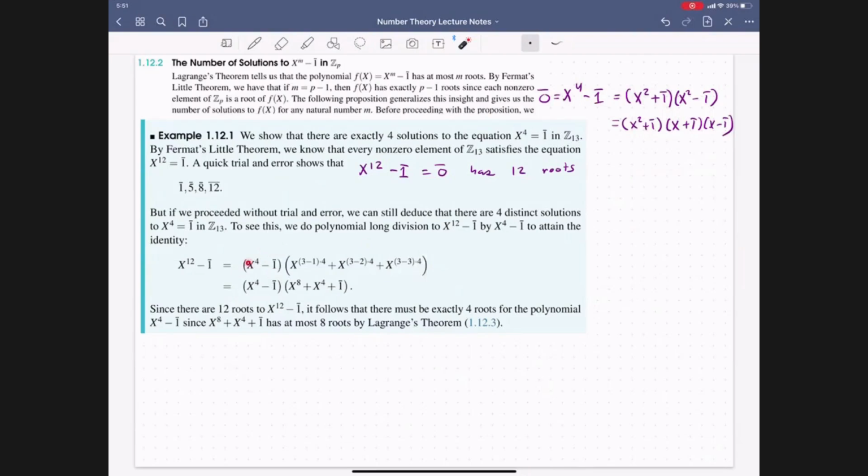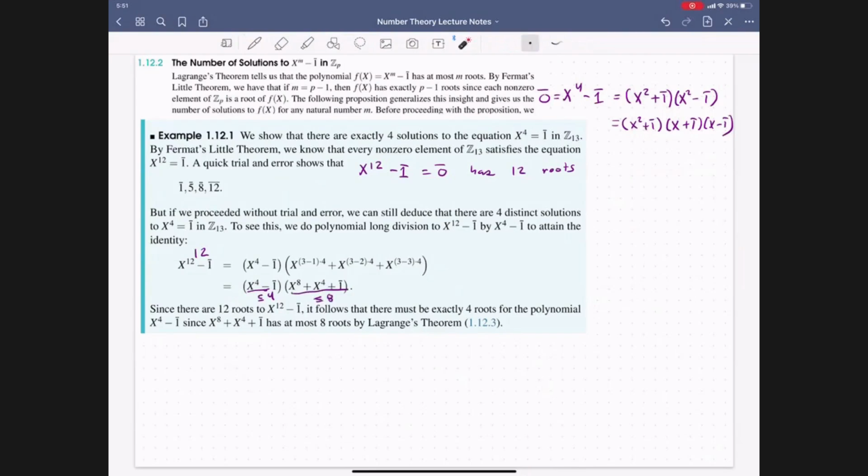And so we now have x to the 4 minus 1 bar at the front, and we have this polynomial over here, which is of degree 8. Now let's think about this through Lagrange's theorem. We know by Fermat's little theorem, this here has exactly 12 roots. But now this here has at most 4, and this here has at most 8.